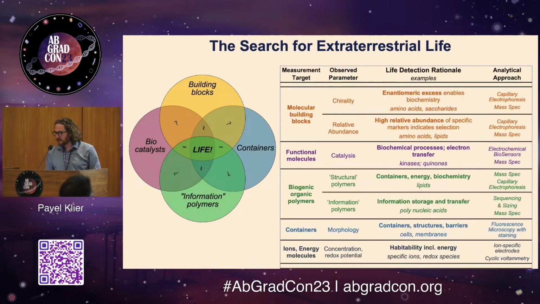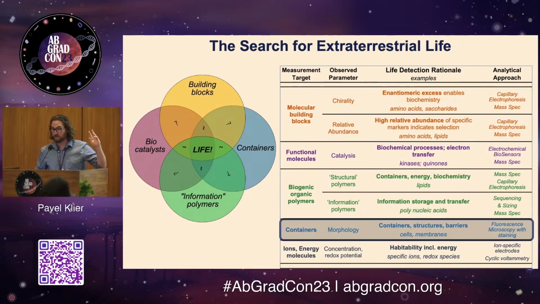When we think about this in the context of a mission, we can start to think about how we might actually observe that and what analytical approaches we need to take. I put the giant table up here because these are all things that people are working on for life detection instrumentation, but we're going to be focusing for this talk on containers.